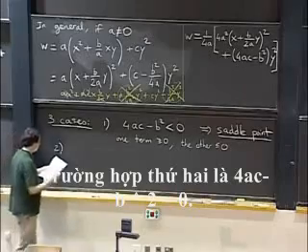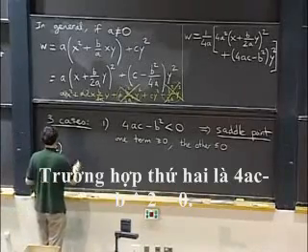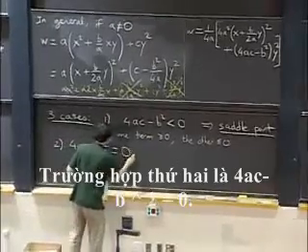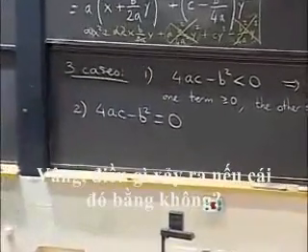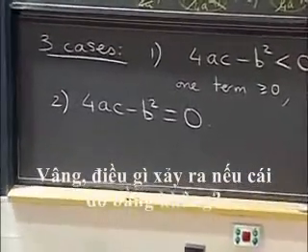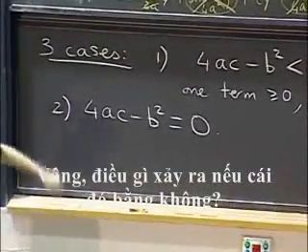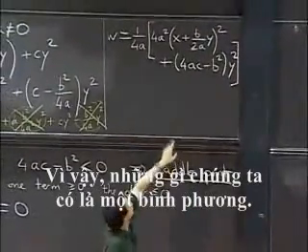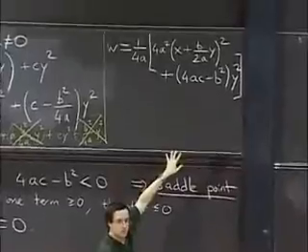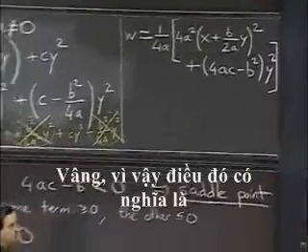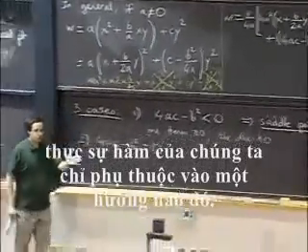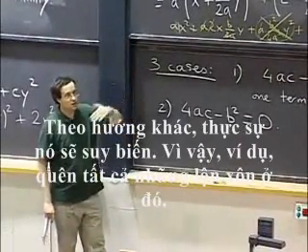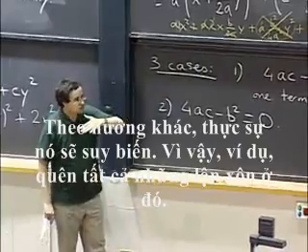The second case is where 4ac minus b squared equals 0. If that's 0, then this term over there goes away. So what we have is just one square. What that means is that our function depends only on one direction. In the other direction, it's going to be degenerate.